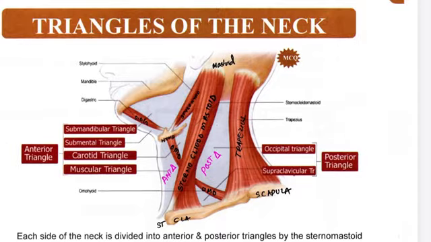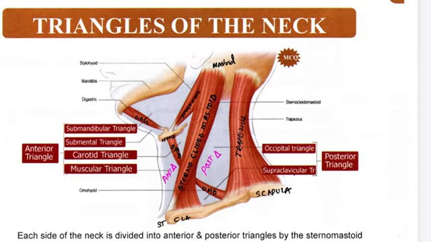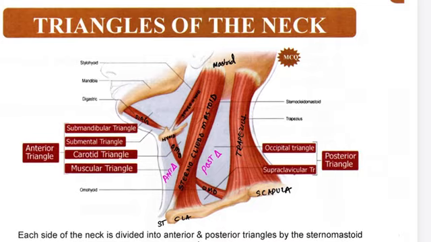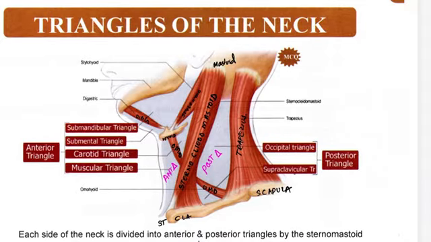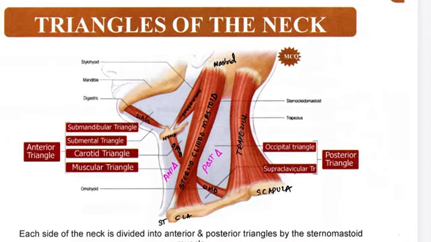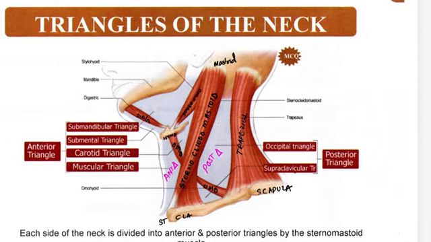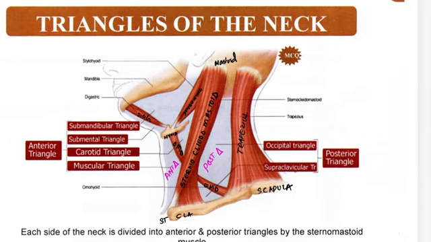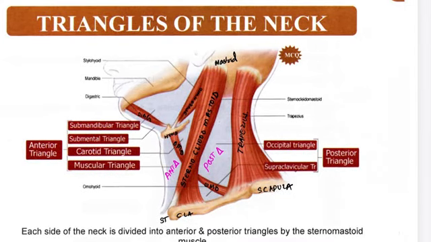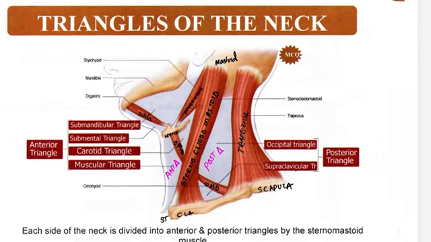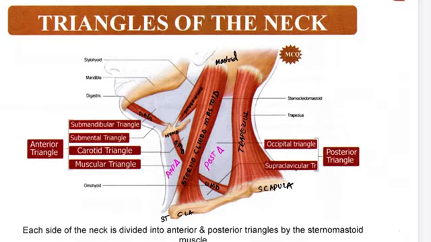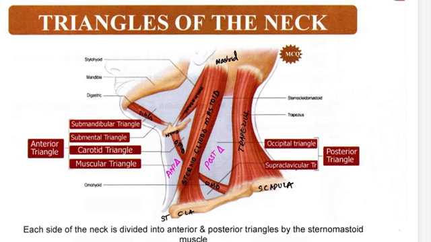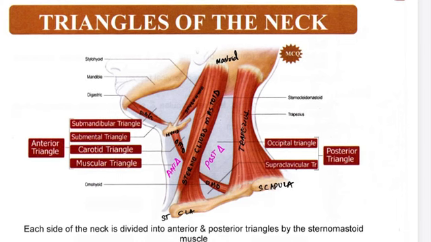You can see again the anterior and posterior triangles. The anterior triangle is further divided into four triangles: submandibular triangle, submental triangle, carotid triangle, and muscular triangle. The submandibular and submental triangles are formed by division through the anterior belly of the digastric and stylohyoid muscle.